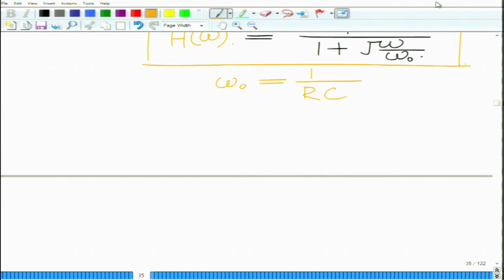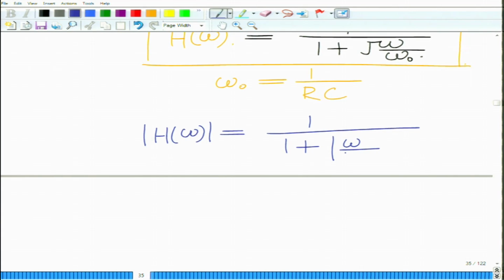Okay. And now let us look at the magnitude response of this. The magnitude is 1 over the square root of (1 plus omega squared over omega naught squared).